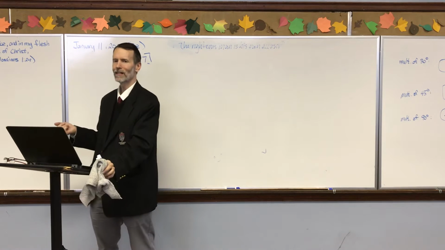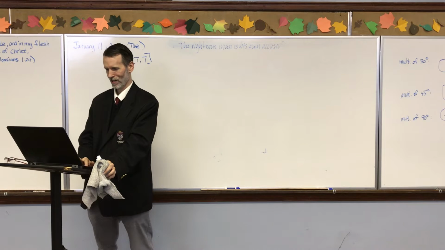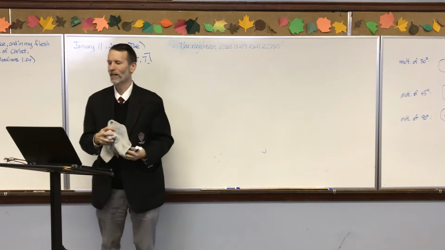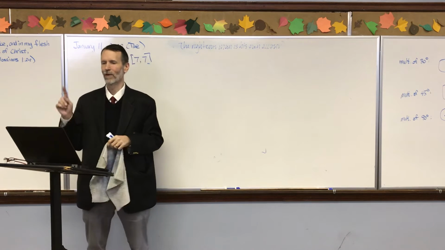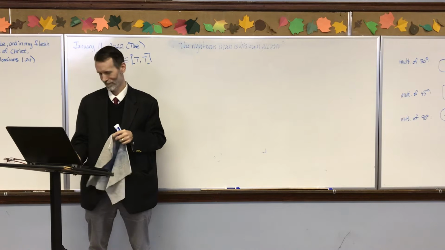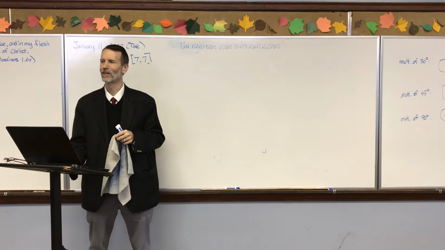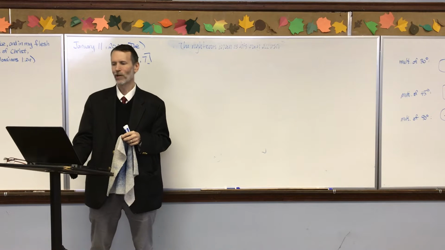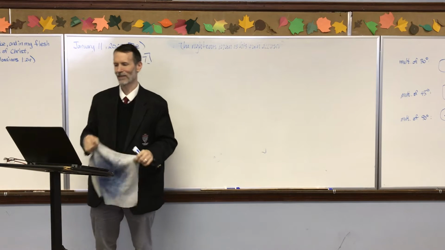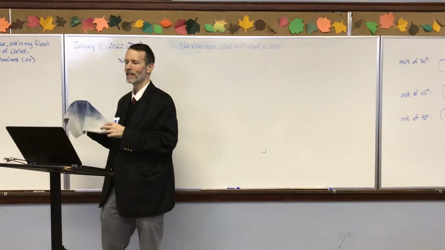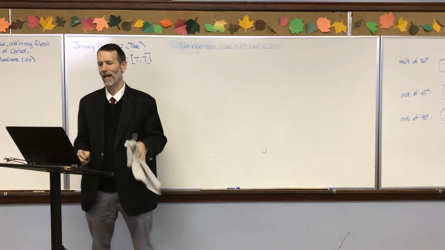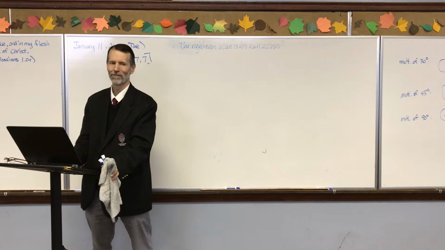From -infinity to 2/3, and then from 5 to infinity. Number 6, there's one interval, round brackets, from 1 to 5. And it repeats on the front page. All right, number 7, two intervals, round brackets on everything. From -infinity to -4, and from 3/2 to infinity.